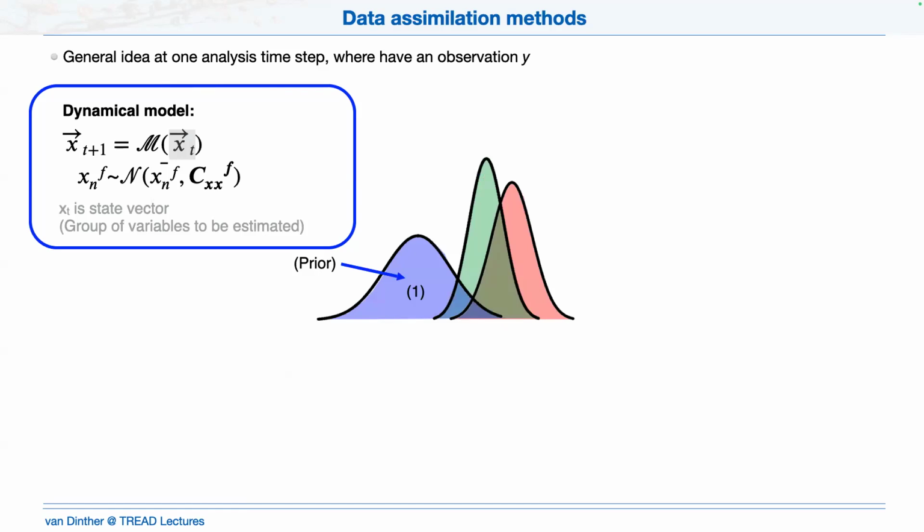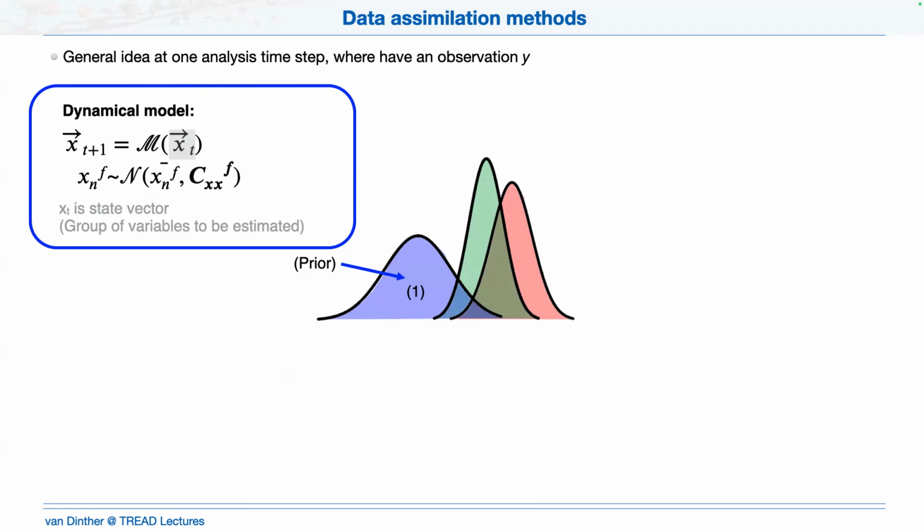So the general idea is that if you come to a time step where you have a certain observation y, you can forward propagate your numerical model up to that time, but you're not doing that with one model. You're doing that with many models.